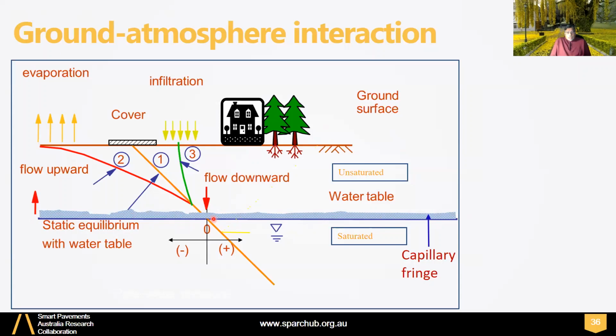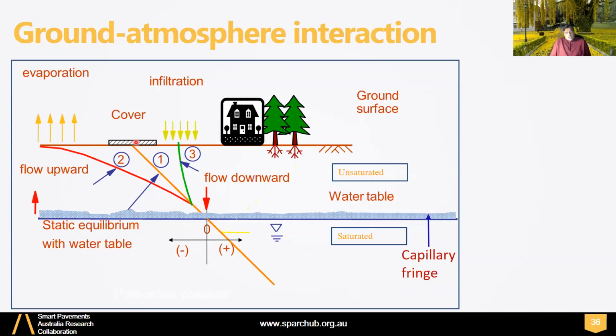And below the water table, your water pressure will increase with depth, as you know, and the soil is saturated. But above the water table, your water pressure will decrease or become negative, or we call it suction, right? And it will be like this, a straight line backwards, if the soil is covered.